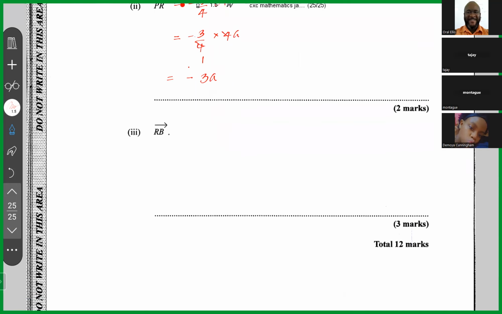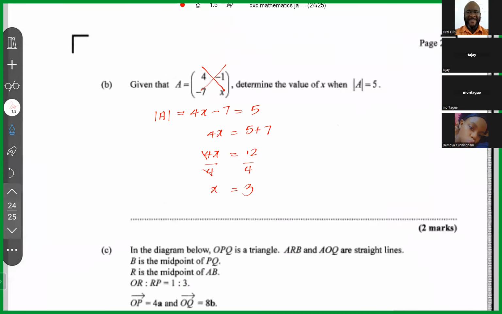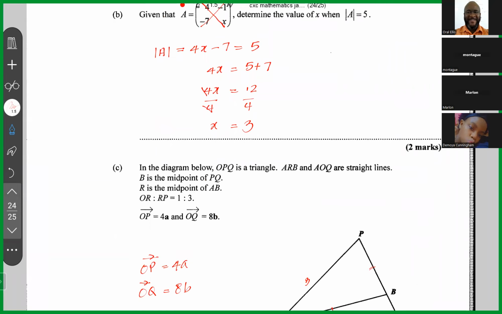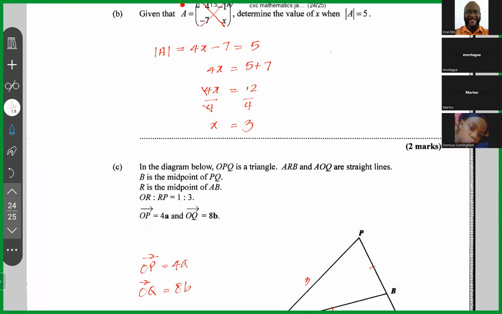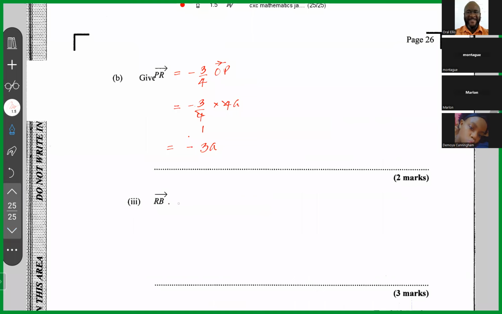All right, and lastly, we need to find RB. Now RB, using the triangle of vectors, would be RP plus PB.